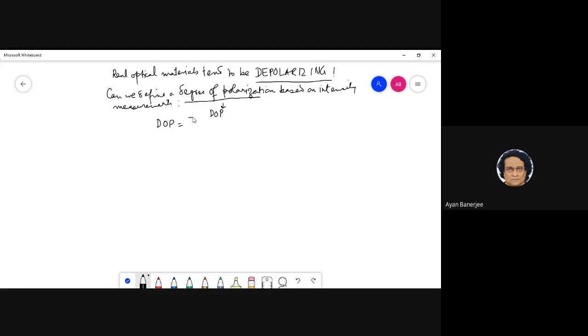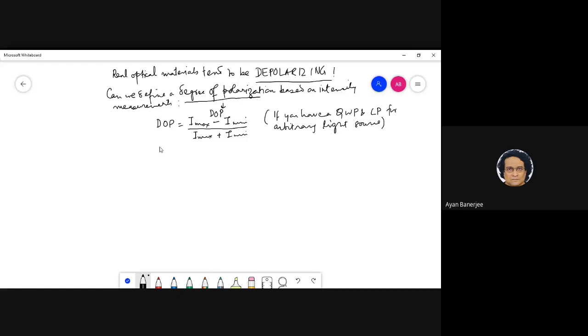Very good. So basically, it is very similar to something that we called contrast. Nothing but this. If you have a QWP and LP for an arbitrary light source, you can define DOP, degree of polarization, by this very clearly.